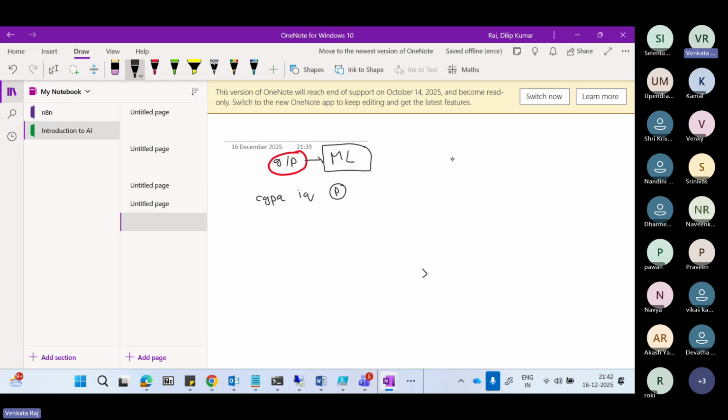So what a machine learning algorithm tries to do is draw different input parameters and output parameters in different directions in a vector space. Okay, this could be CGPA, IQ, and placed.